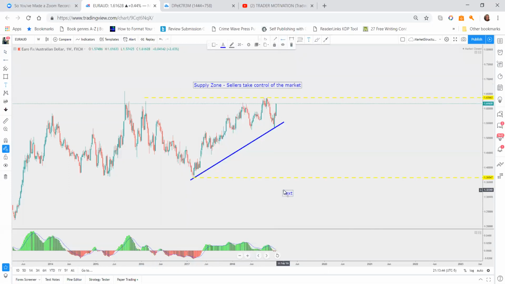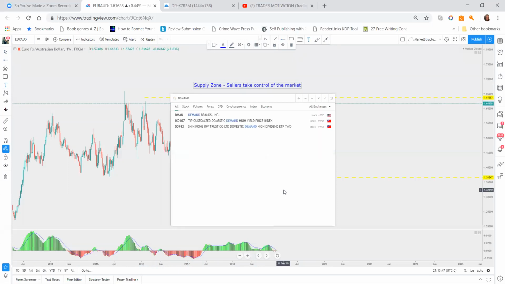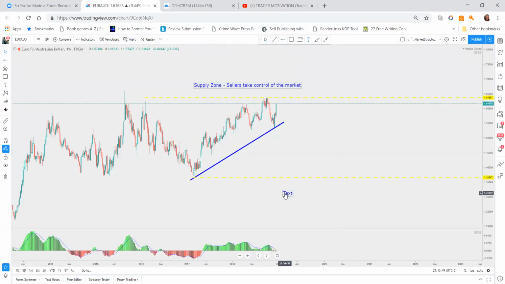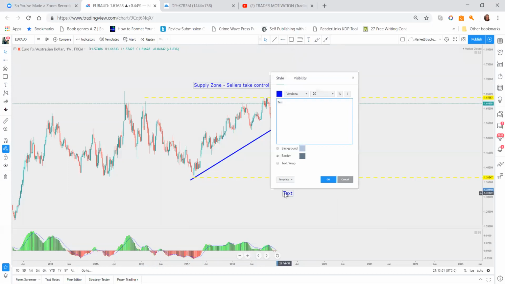Down at the bottom, we have our demand zone. Which is the opposite of the supply zone, so our buyers take control of the market.